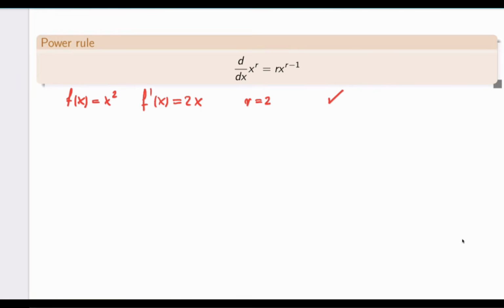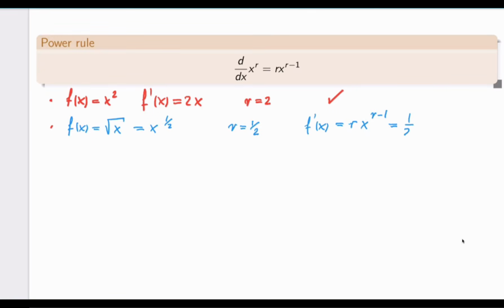But let me give you another example. F of x is the square root of x. So the square root of x is of course x to the 1/2. And so then we could use the power rule with r is 1/2. Let's do that. So then f prime equals r times x to the r minus 1, and r is 1/2.